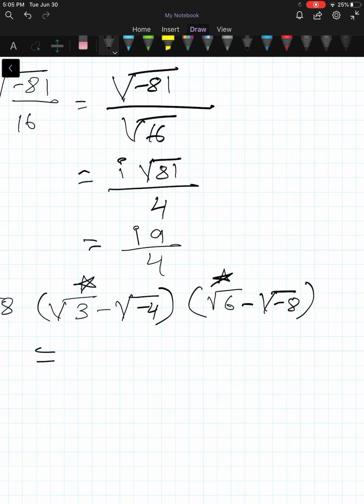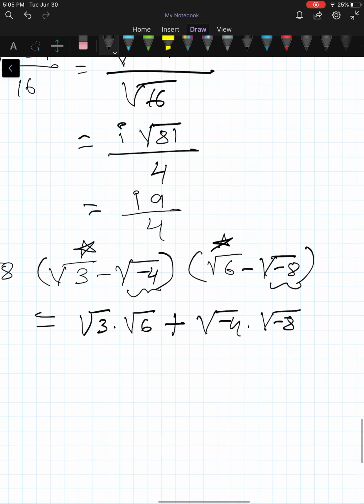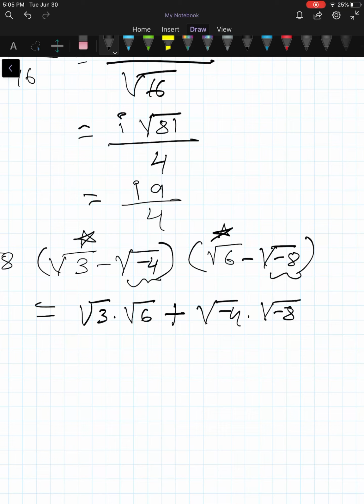So these are the first terms, square root of 3 times square root of 6. Then the outer terms are these. So we will get negative square root of 3 times square root of negative 8, correct?